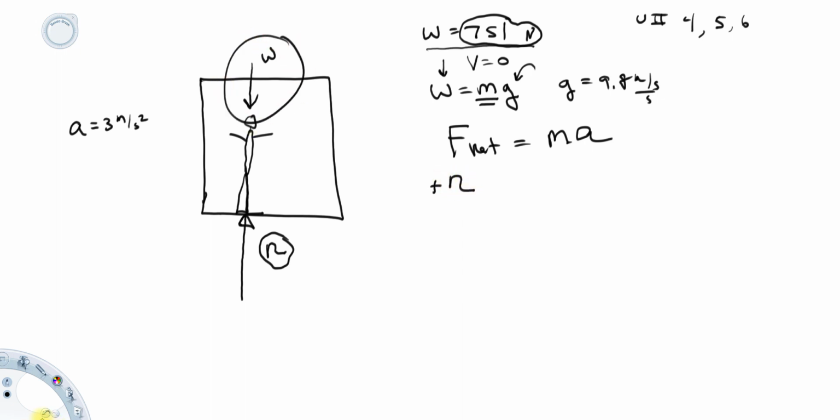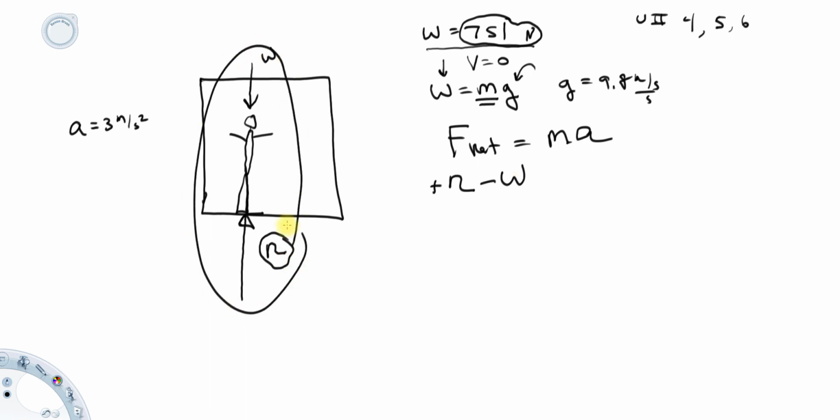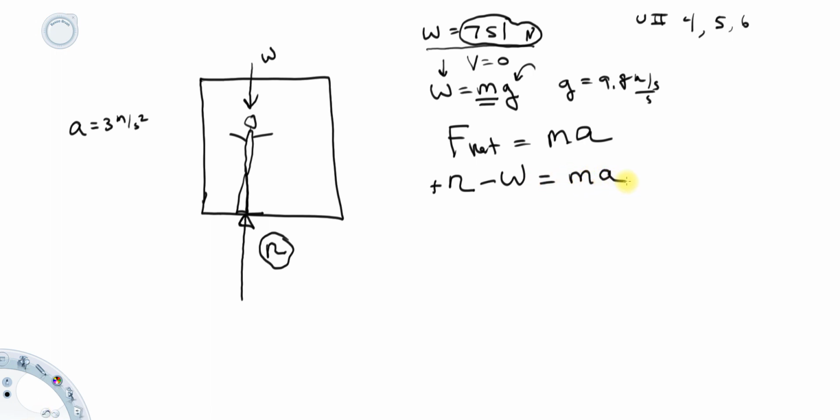And this one is down. So the net force, based on our picture, is equal to the vector sum of these two, which should be N minus mg. And again, this one is minus because it's down in our picture. And by Newton's second law, that's equal to ma.